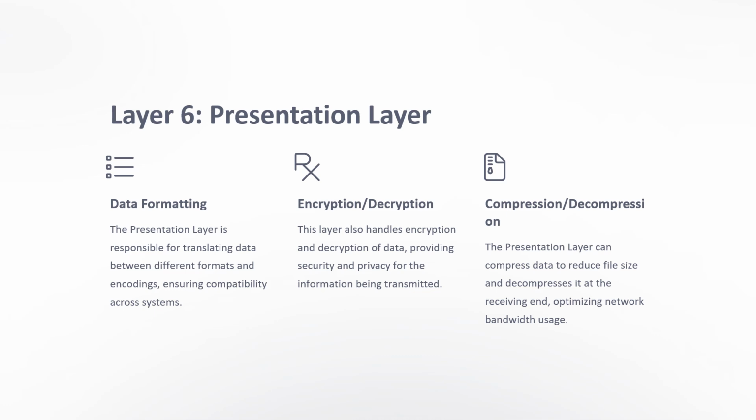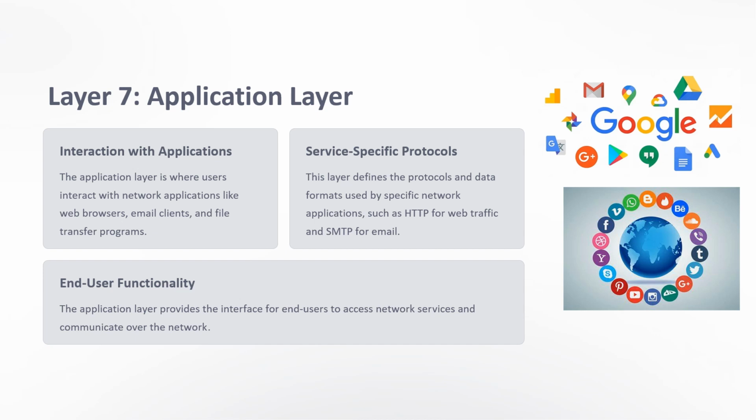Now the next and last layer is the application layer. It is the seventh and topmost layer of the OSI model. It provides network services directly to the end users through applications. It enables the end users, that is the clients accessing their applications, to access network services.